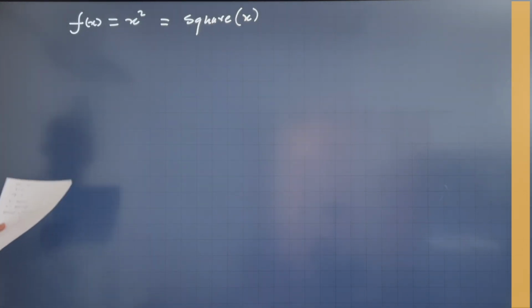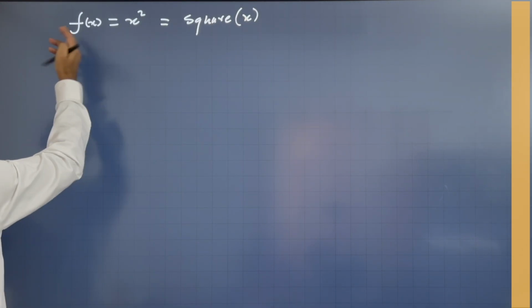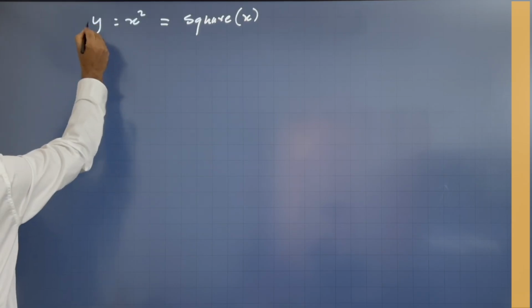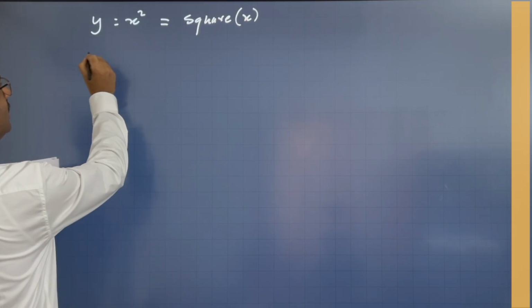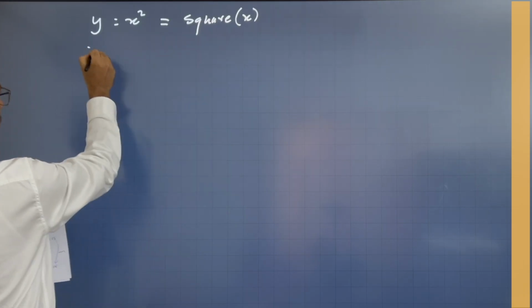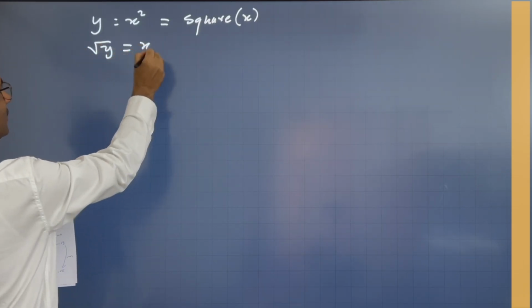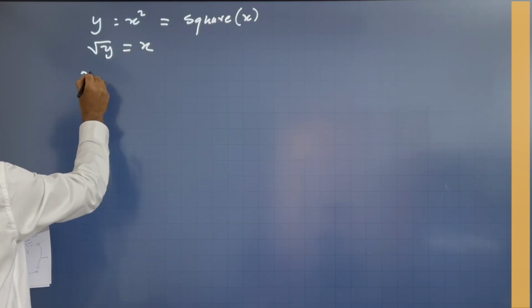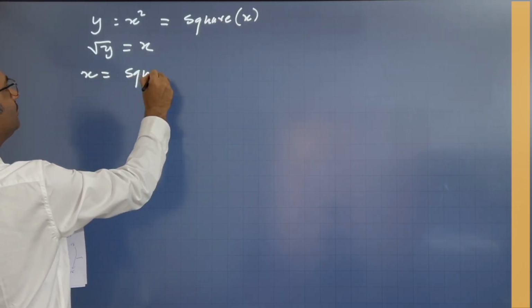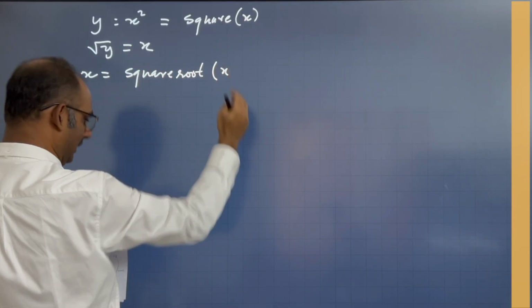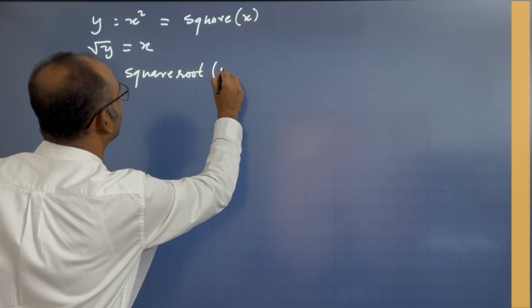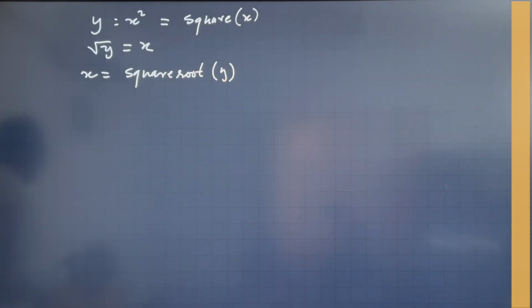So y is equal to x square. So what gives you x? Square root of y will give you x. So x is equal to square root of y. That's how the inverse function is defined, right?